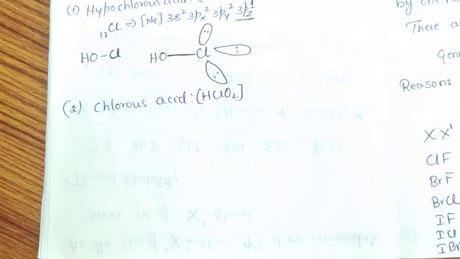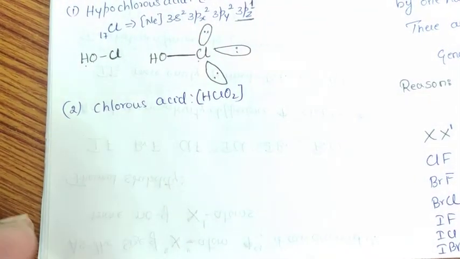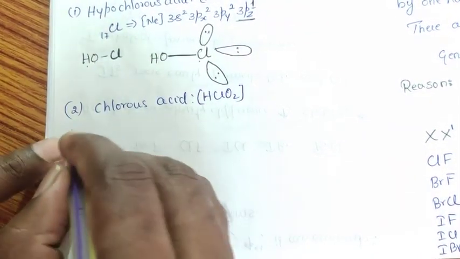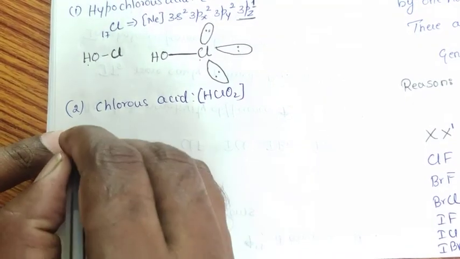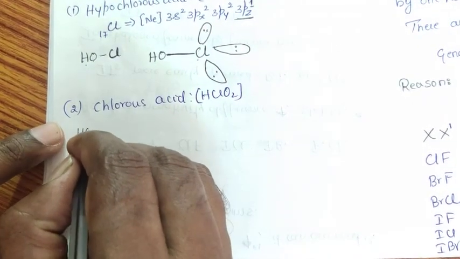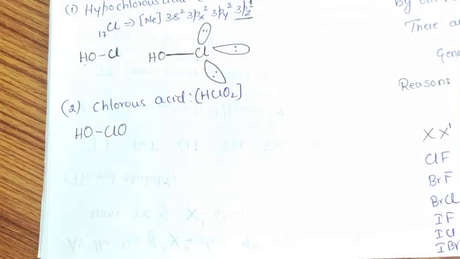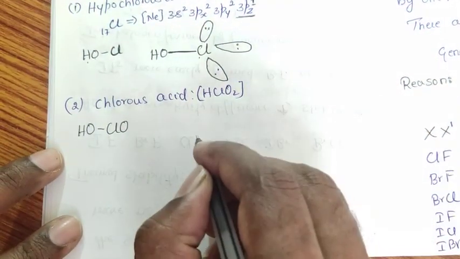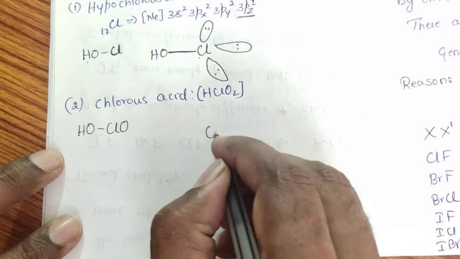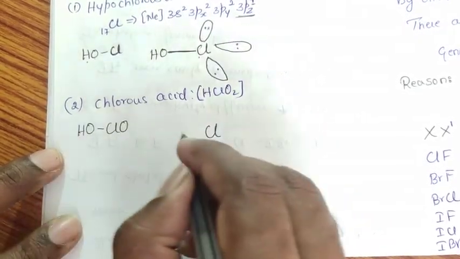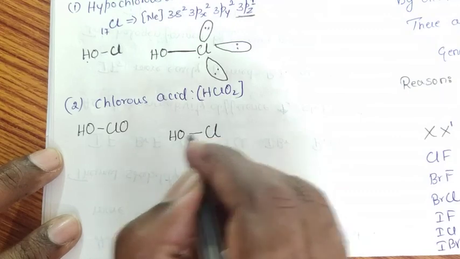Next coming to chlorous acid, HClO2. Hydrogen atom combines with an oxygen atom, then chlorine combines with an oxygen atom. Now chlorine is the central atom, so it always bonds with the hydroxyl group with a single bond.